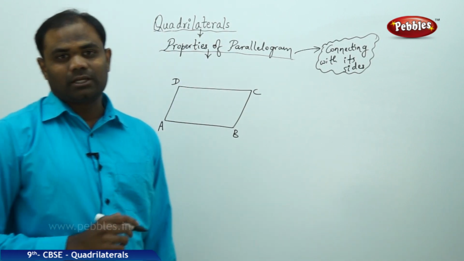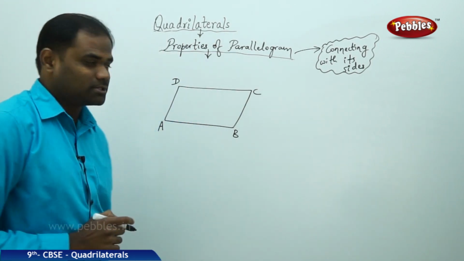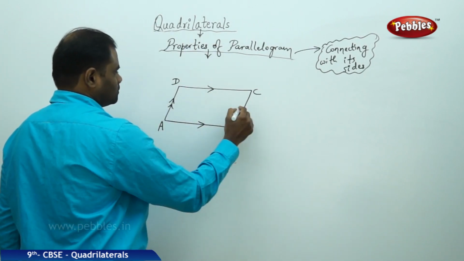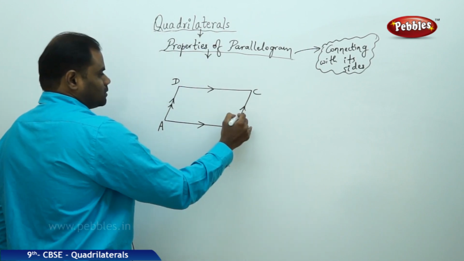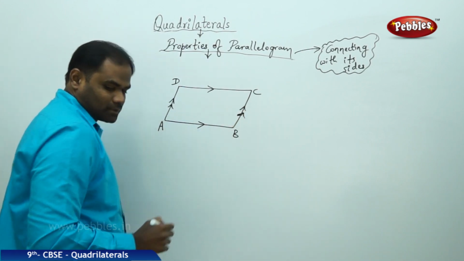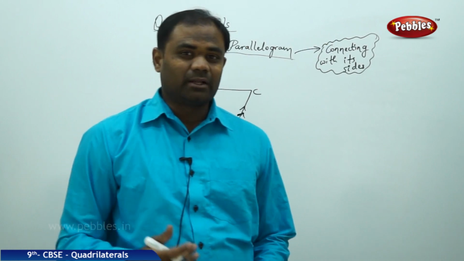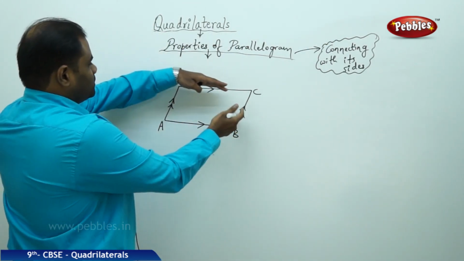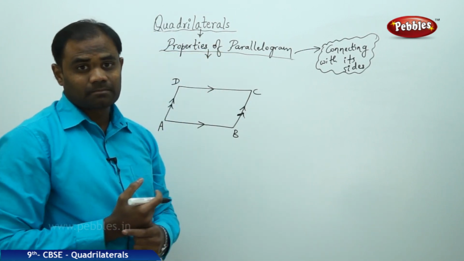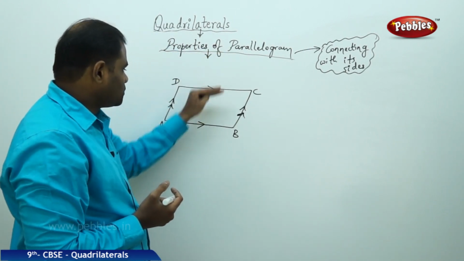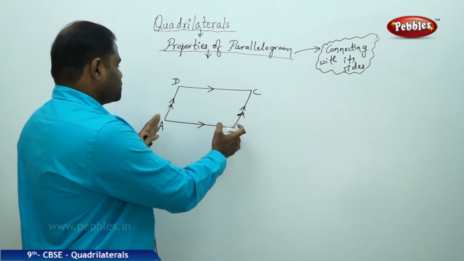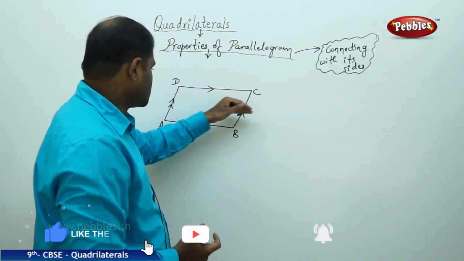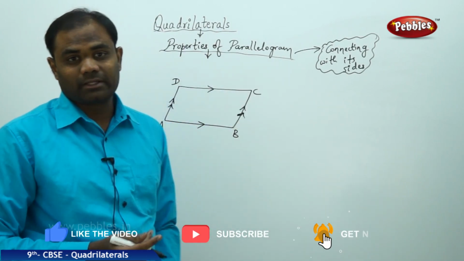So clearly in a parallelogram we know that opposite sides are parallel. Now when the opposite sides are parallel, clearly I see that there is equal distance between the two parallel lines. But this equal distance is again cut short by two more parallel lines, where again there is an equal distance between these two parallel lines.